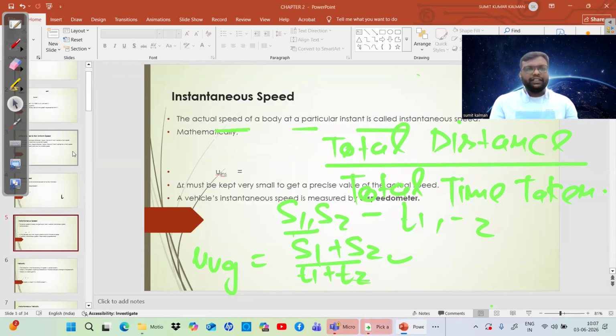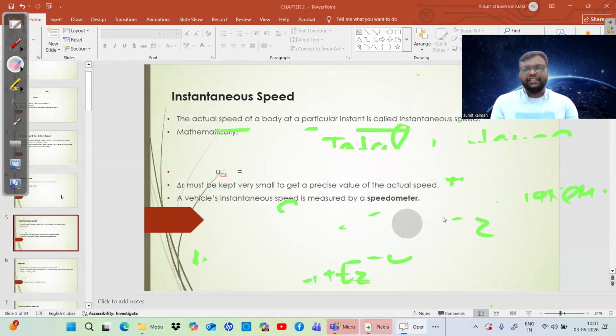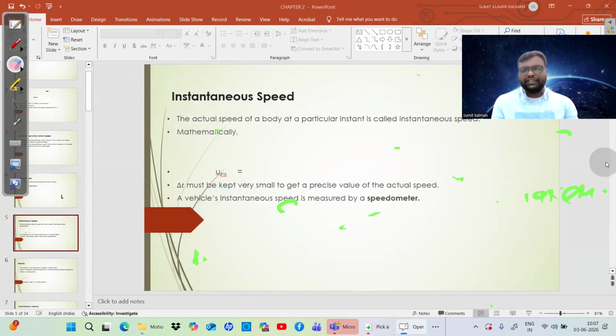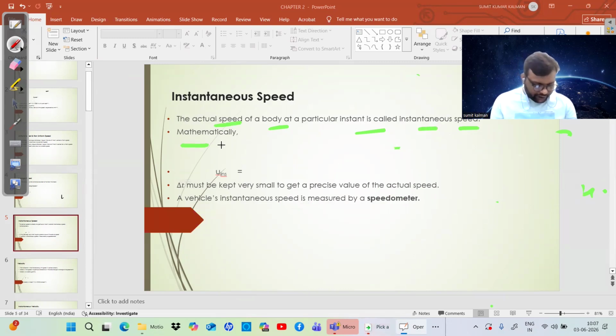Now next is instantaneous speed. What is instantaneous speed? We will see. So students, the actual speed of a body at a particular instant is called instantaneous speed. And students, mathematically, how we will write instantaneous speed?